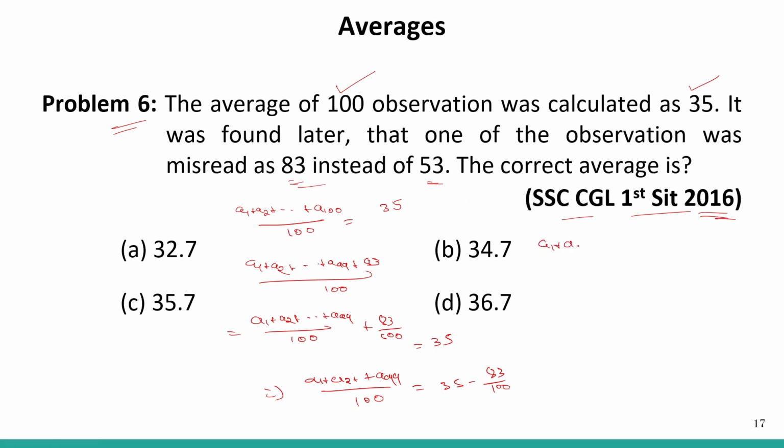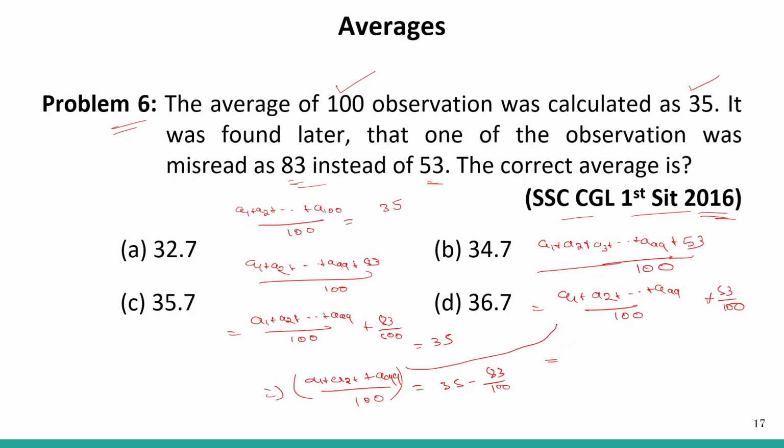So A1 plus A2 plus A3 plus up to A99 plus 53 by 100 is the correct observation for the average. So we can write this as A1 plus A2 plus up to A99 whole by 100 plus 53 by 100. So we have evaluated this part from here and we will put it in there.